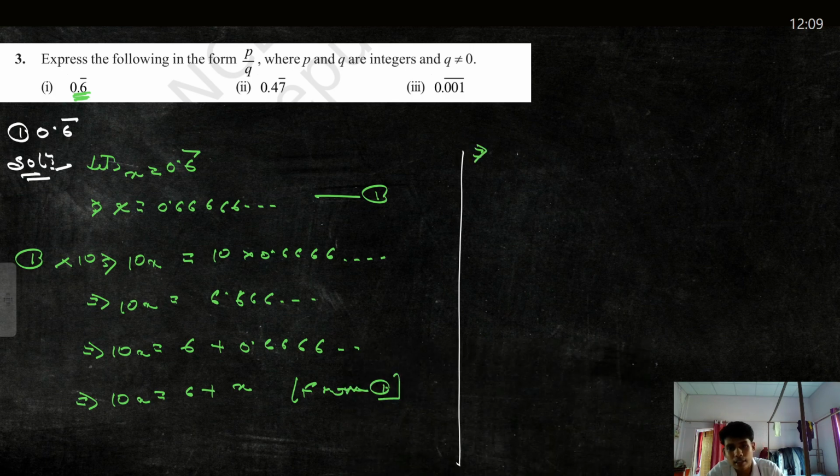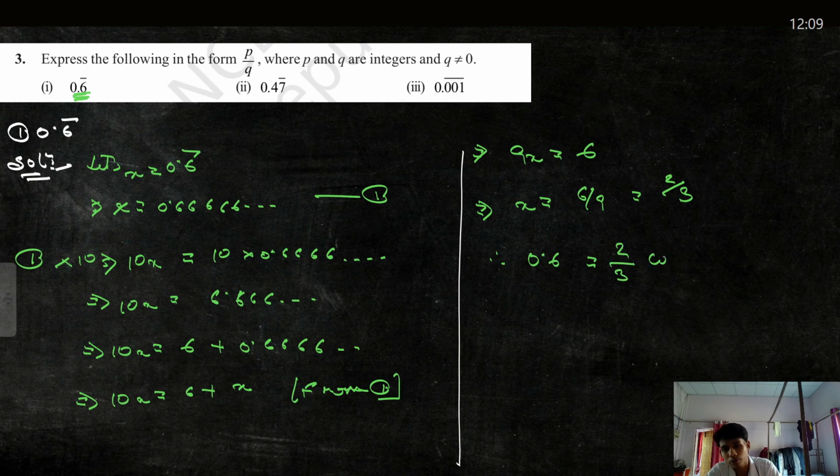That implies 9x is equal to 6. That implies x is equal to 6 by 9, which is equal to 2 by 3. Therefore, 0.6 bar is equal to 2 by 3, which is in the form p by q, where q is not equal to 0.